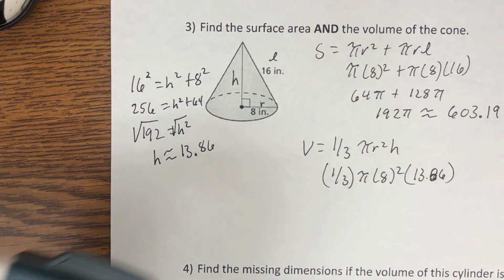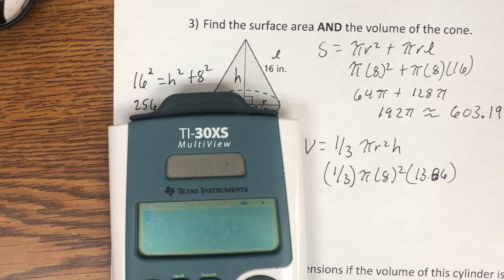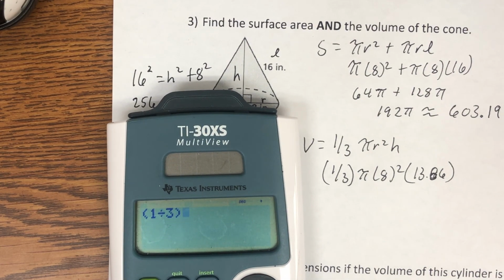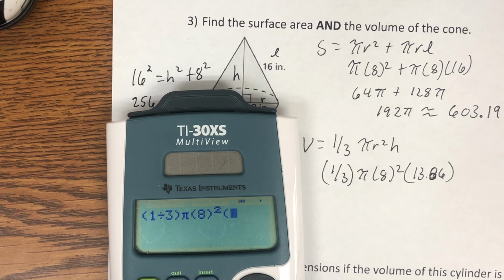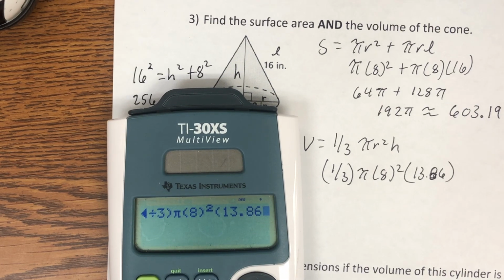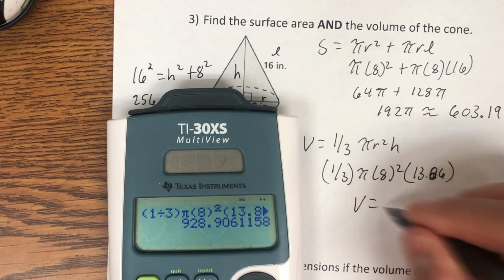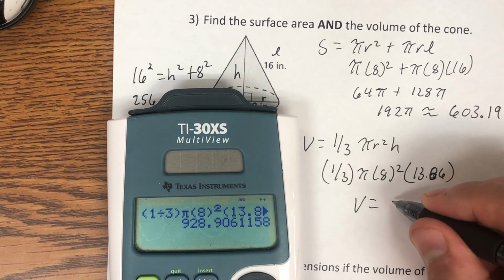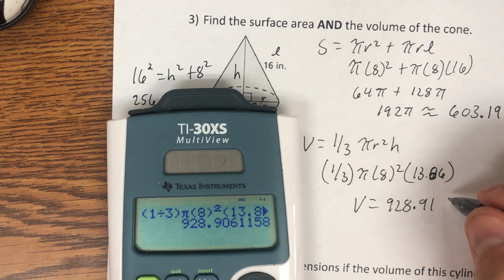Make sure you use all the parentheses here again, so I'm going to show you how I do it. 1 divided by 3, pi button, 8 squared times 13.86, close it. And our volume is equal to 928.91. And we were in inches cubed.